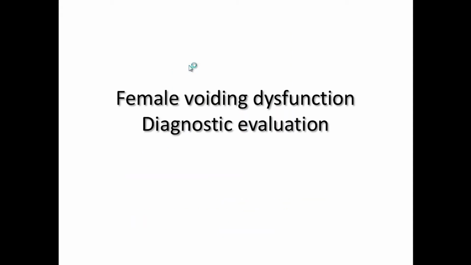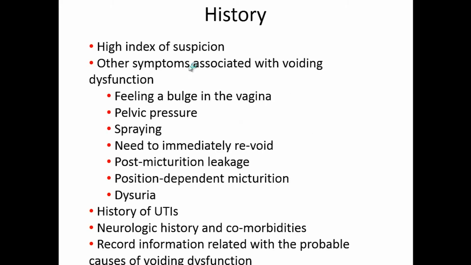So how can we diagnose voiding dysfunction in women? Well, first of all, we have to have a high index of suspicion, and we always have to keep in mind that this is a real possibility, and this is a urological iceberg.